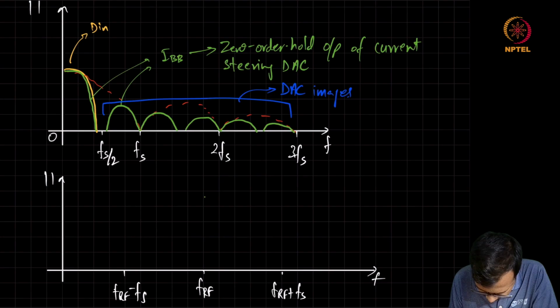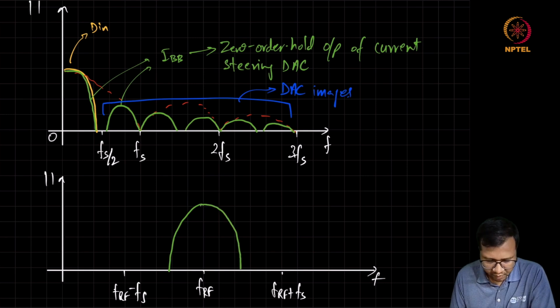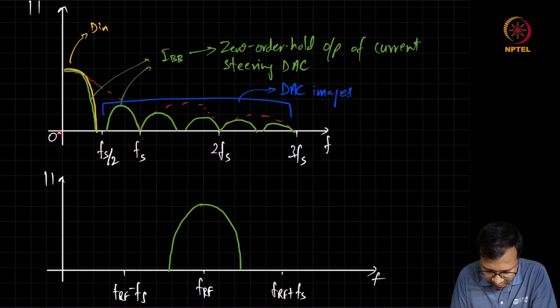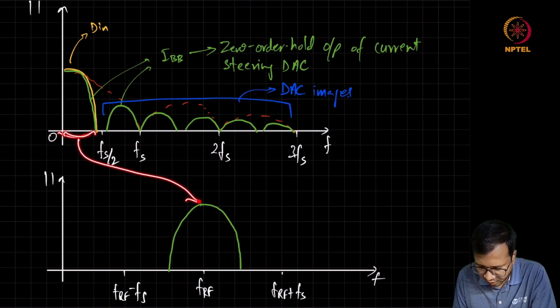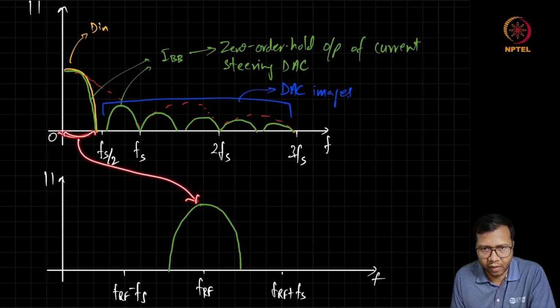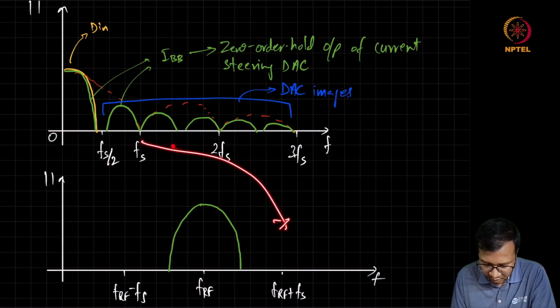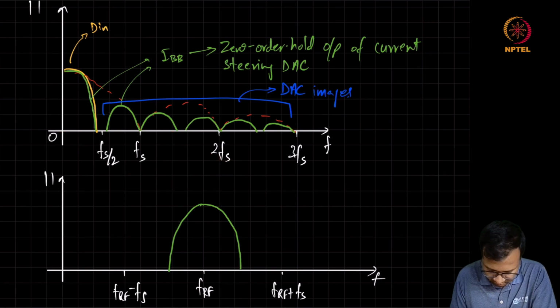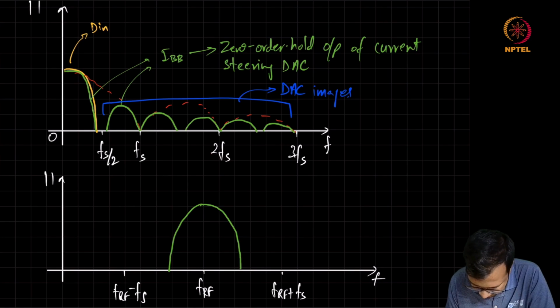Then it is going to upconvert the main signal in the Nyquist zone, which is this one, to the FRF frequency. In addition to that, these images will also appear. So we will have it like this.